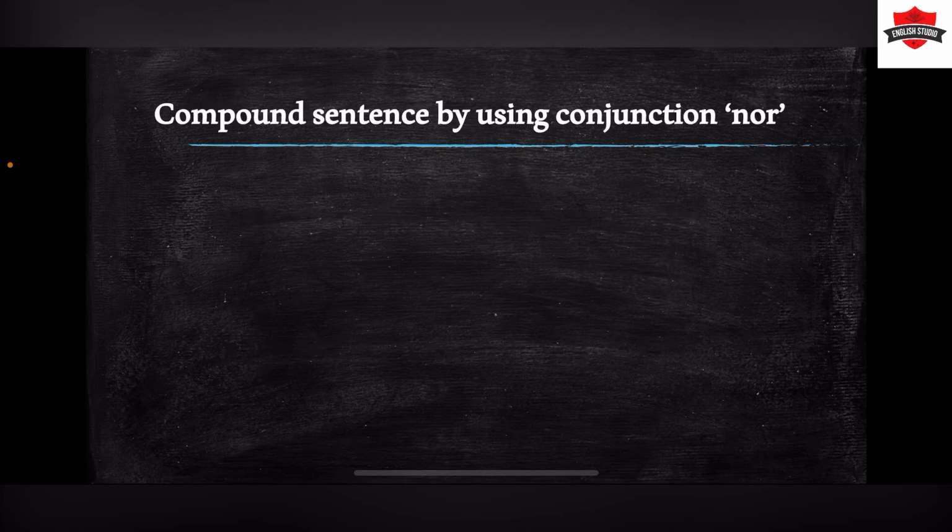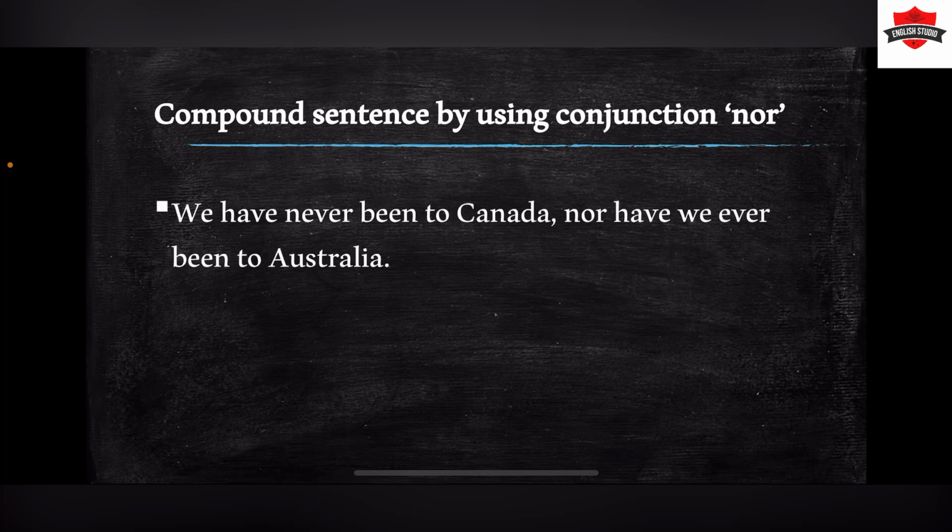Another compound sentence by using conjunction nor. We have never been to Canada, nor have we ever been to Australia. Here, nor is used to connect two clauses or sentences that have an established negative tense.